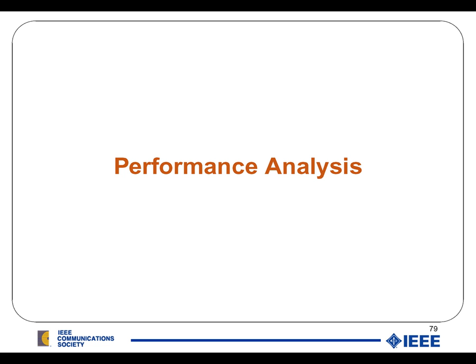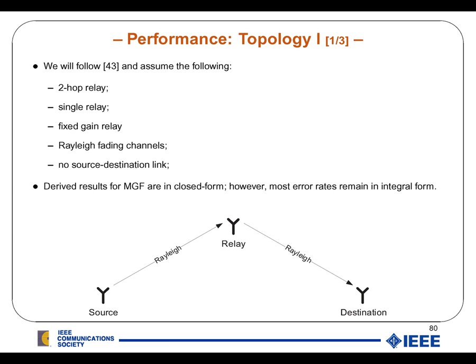Now let us move on to performance analysis, and I will go now to a few canonical topologies. First topology, where source transmits via relay channel to relay and via another relay channel to destination. So following 43, we assume a 2-hop relay, a single relay.